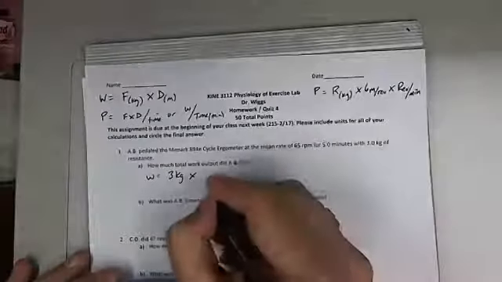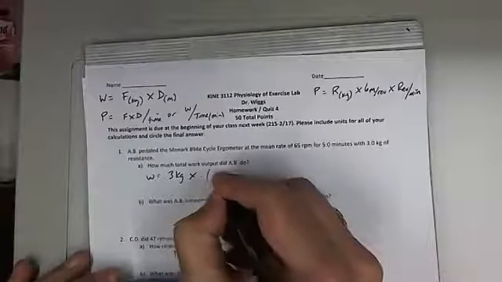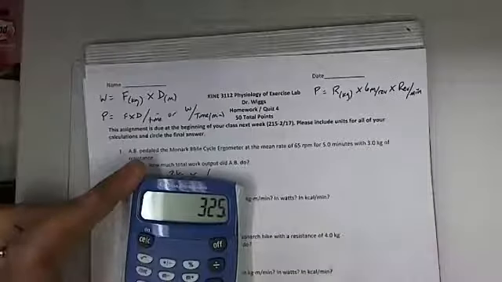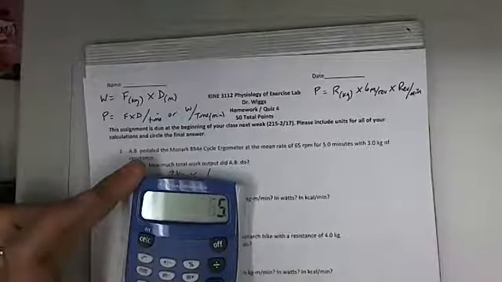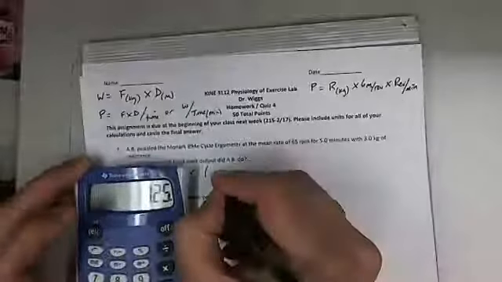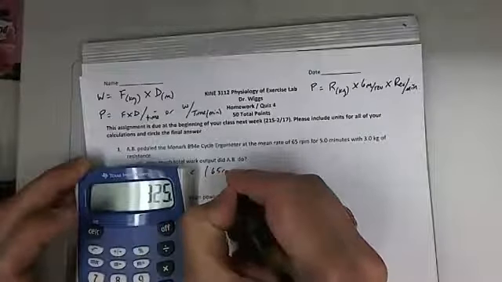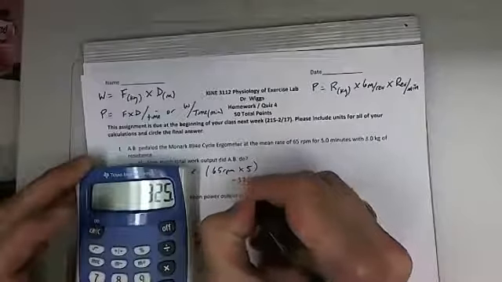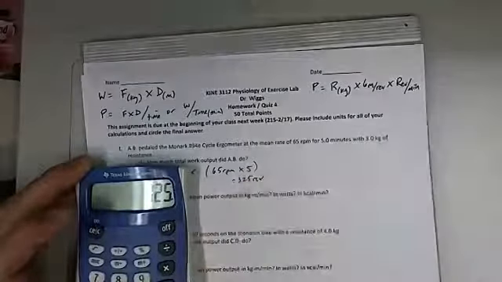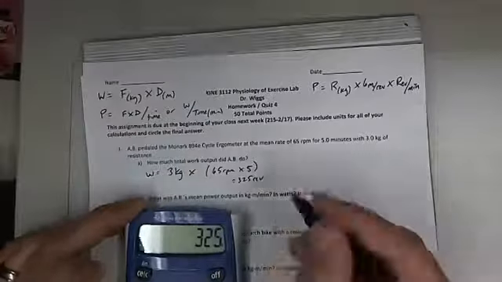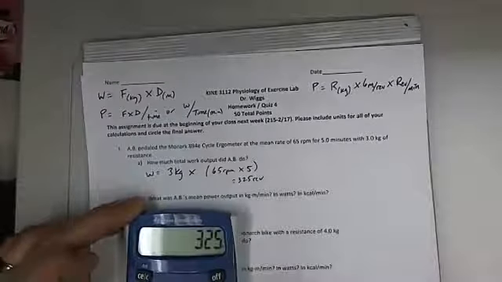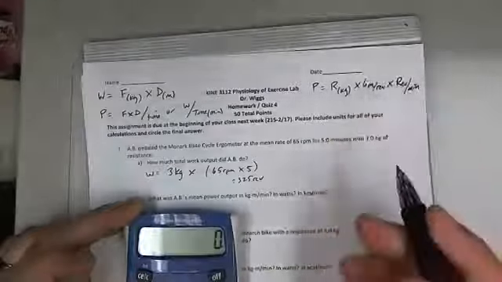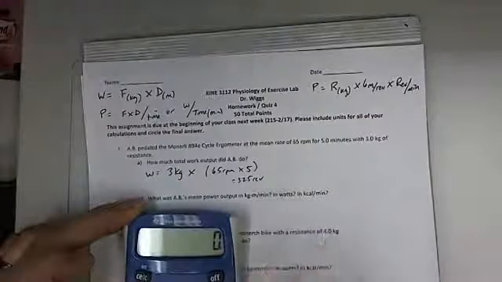So they did a total of 325 revolutions. And then they did that for 5, and then we know our conversion factor, as seen in this, is 6 meters per revolution.